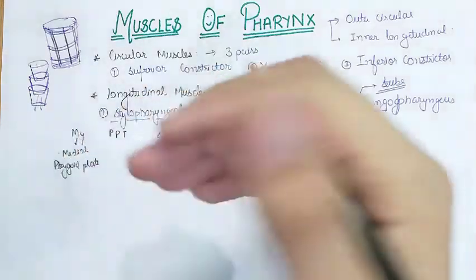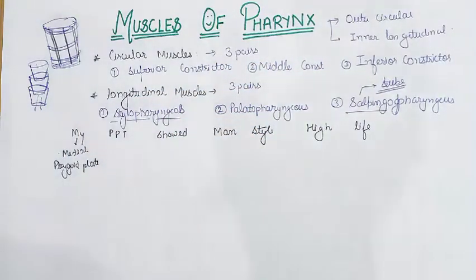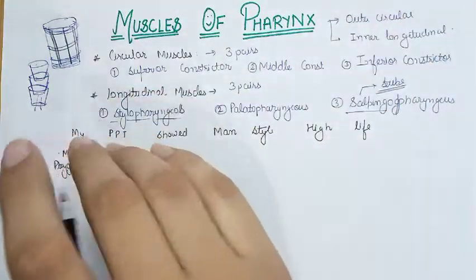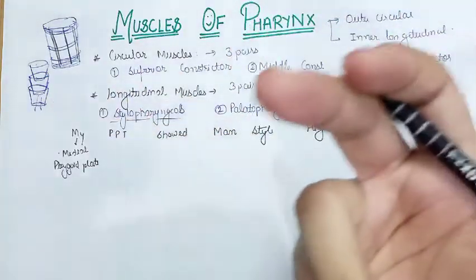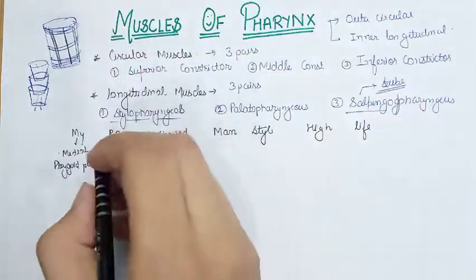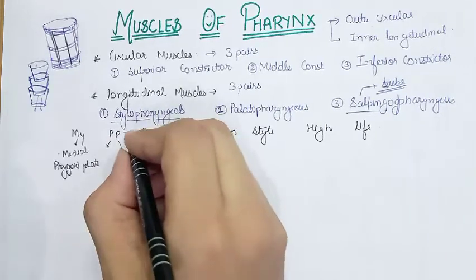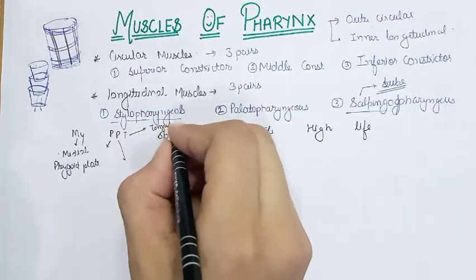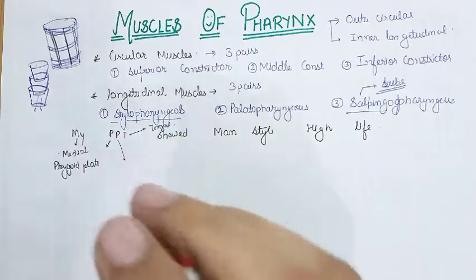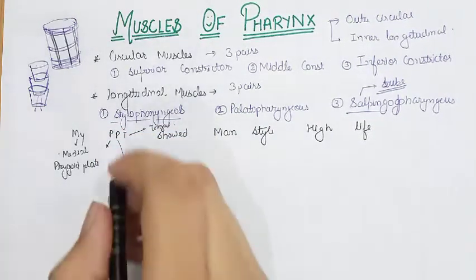So what I am trying to do is to make a certain framework on which you can draw the origin and have an easier view of the origin of all the three constrictors. So PPT stands for, T stands for tongue, then the 2P stands for the pterygomandibular raphe and the pterygoid hamulus.